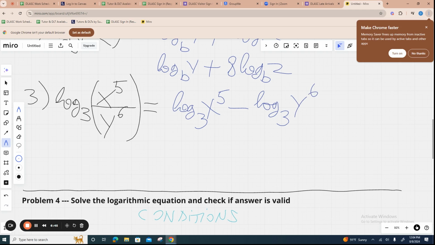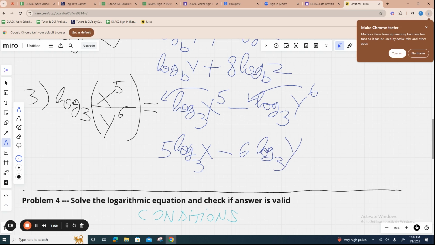And again, I ask myself, is there something else I can do? Well, yes, with both of them, I can bring the power down. See, that 5 comes in front here, and that 6 comes in front there. That's 5 log 3 of x minus 6 log 3 of y.